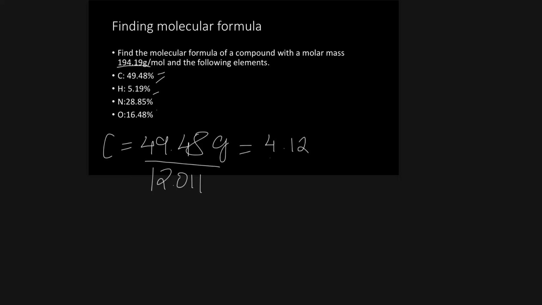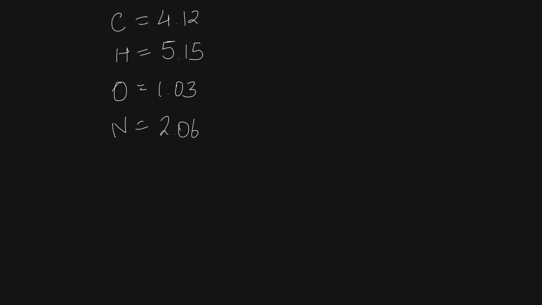On the next screen, you will simply look at my moles for all 4 elements. After I converted all my grams to moles, these are the answers I got: carbon 4.12, hydrogen 5.15, oxygen 1.03, and nitrogen 2.06.